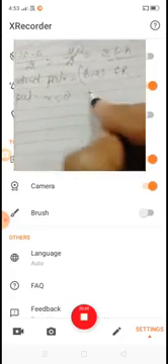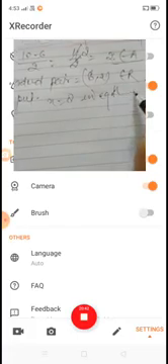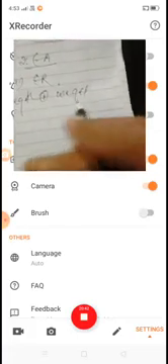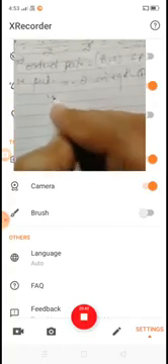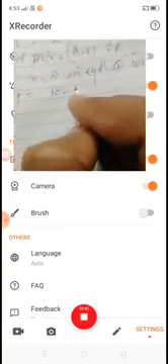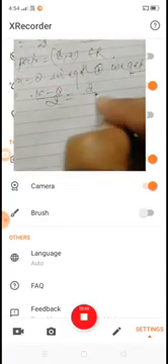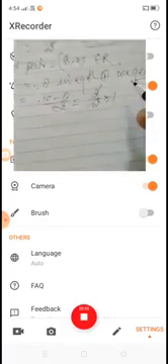Now we put x equal to 8 in equation 1. We get y is equal to (10 minus 8) by 2, that is 2 by 2, that is 1.